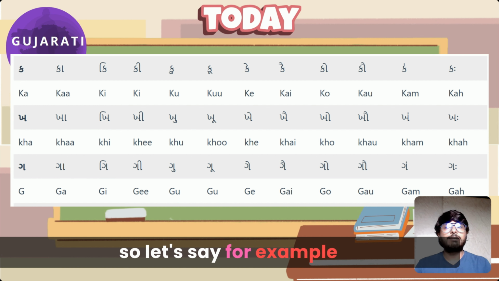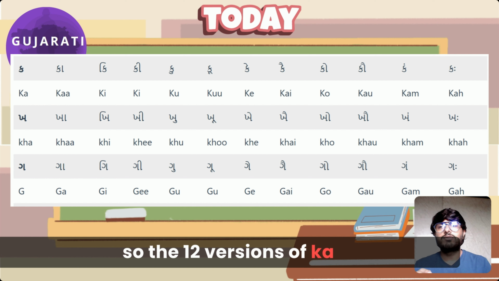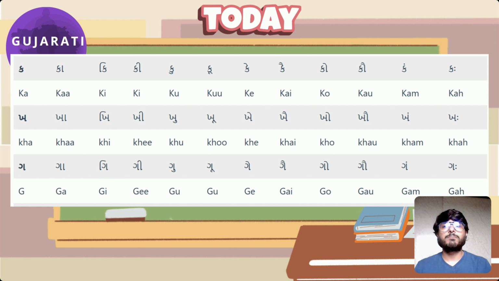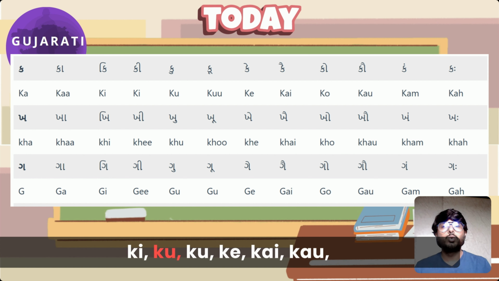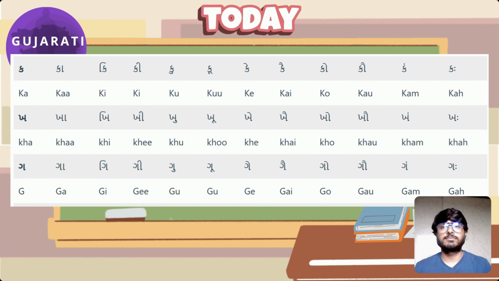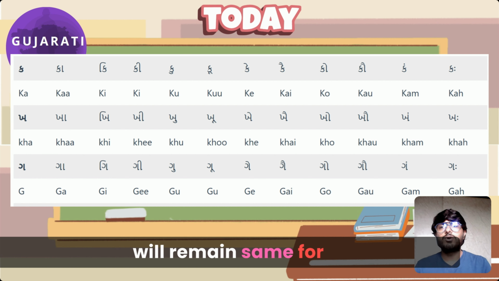So, let's say, for example, the Gujarati alphabet K. The 12 versions of K will be K, Ka, Ki, Ki, Ku, Ku, Ke, Kai, Ko, Kau, Kam, Kah. So this way, the 12 versions will remain the same for all Gujarati alphabets.